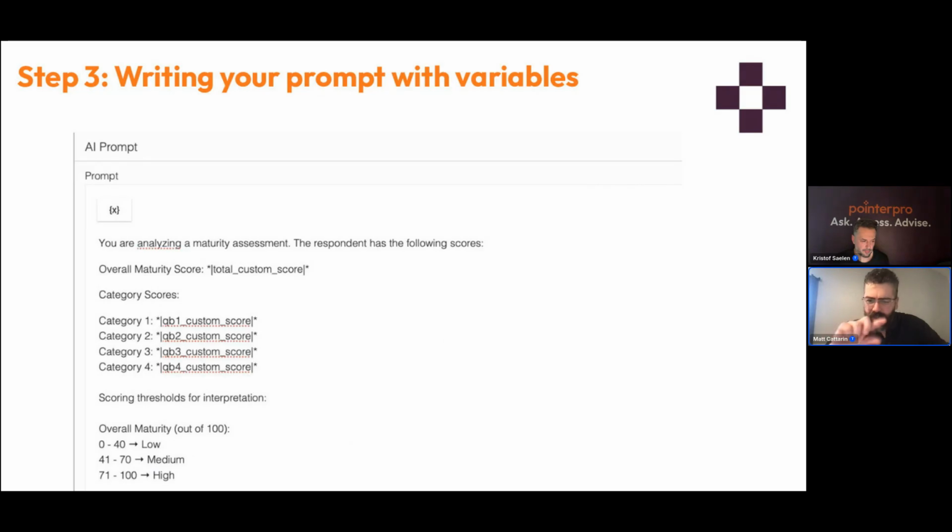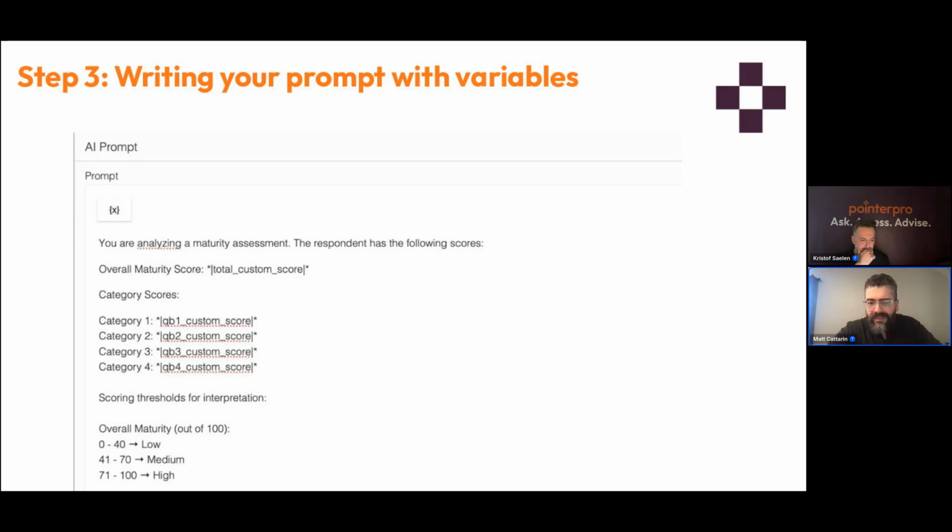So you can see it says the overall maturity score out of a scale of 0 to 100, where 0 to 40 represents a low score, 41 to 70 represents a medium score, and 71 to 100 represents a high score. So this is a ton of context for ChatGPT to be able to provide feedback on now.